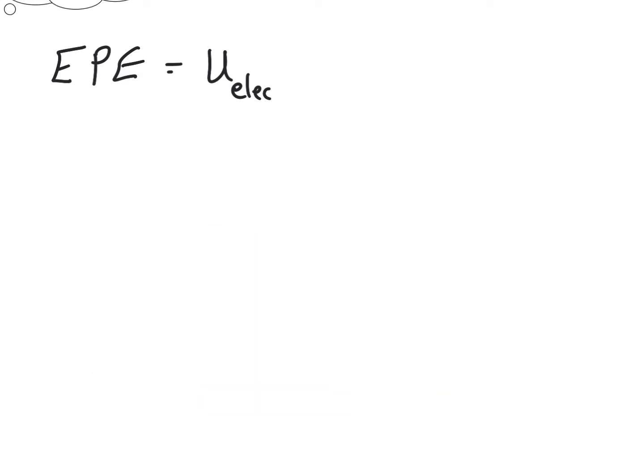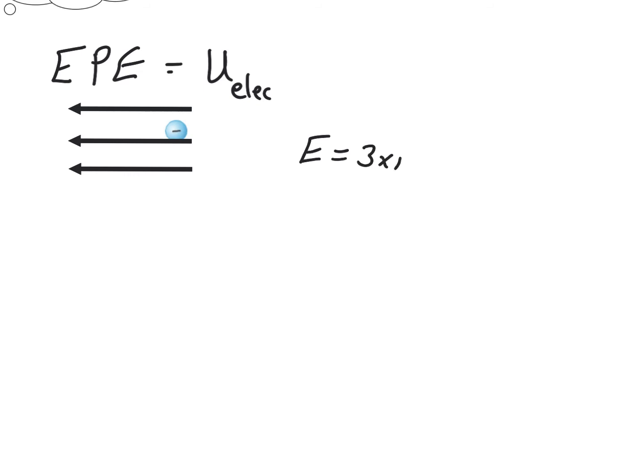Let's say we have a small little electron. Now this electron is stuck in an electric field, so it'll move a certain distance. If we know the strength of the E field, let's say, for example, 3 times 10 to the third newtons per coulomb, and we know that the electron moves a giant amount of 10 centimeters, which is 0.10 meters.